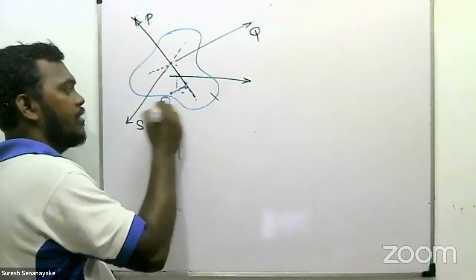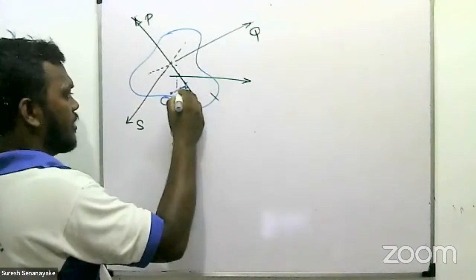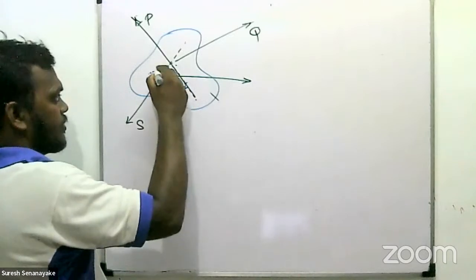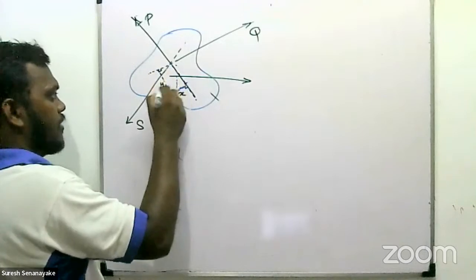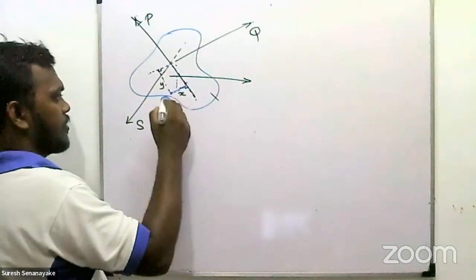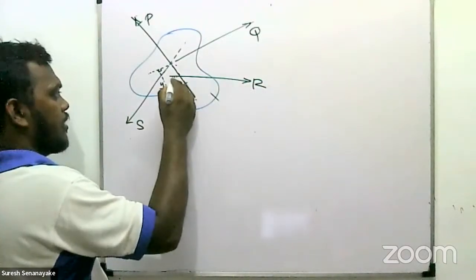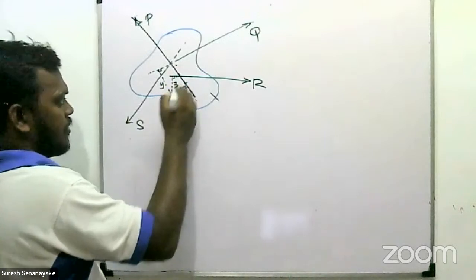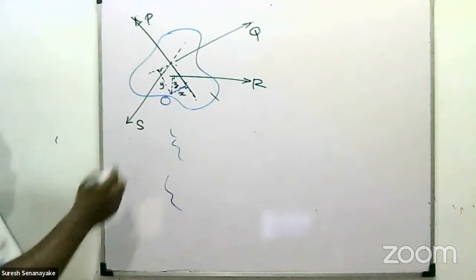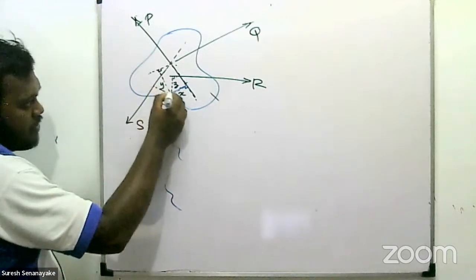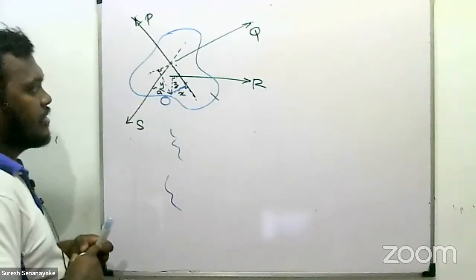This is point O here, and the perpendicular distance to the force P is x, to the force Q is y, and to the force R I can take this distance as z. Is it clear for you? And for force S, the perpendicular distance is a. And also these angles we consider.